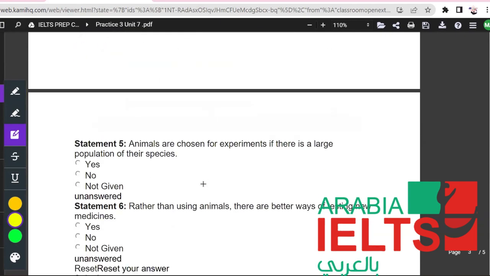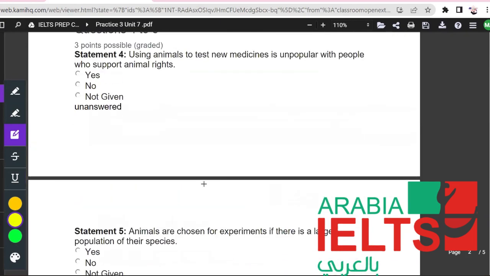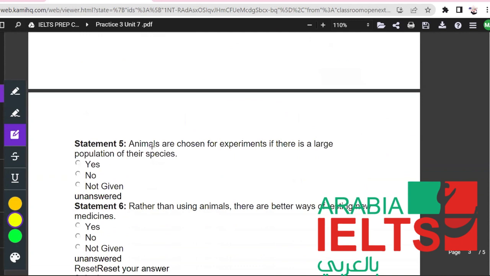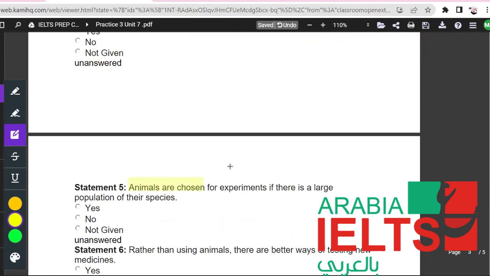For statement 5, compare the opinion of the writer with the opinion in the statement. They say here, animals are chosen for experiments if there is a large population of their species. So this person is talking about how animals are chosen.